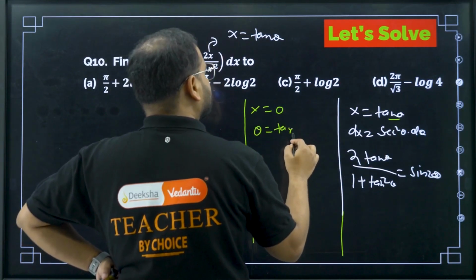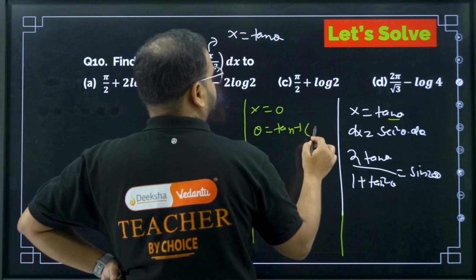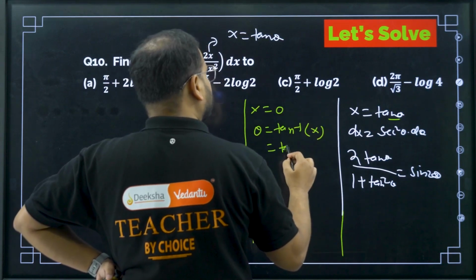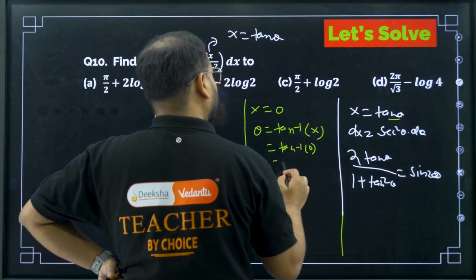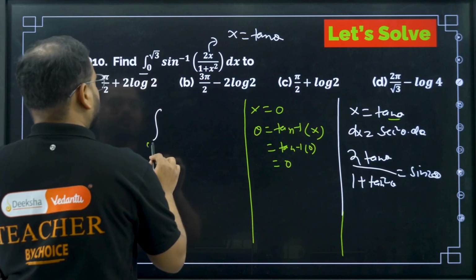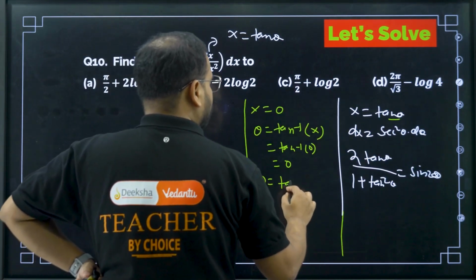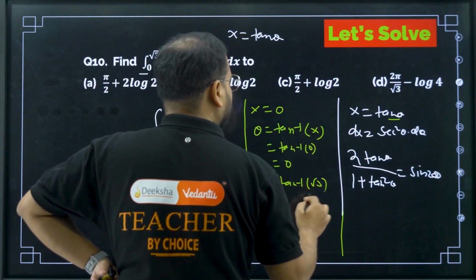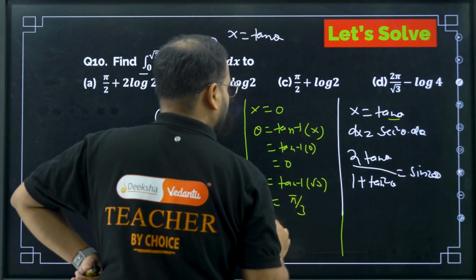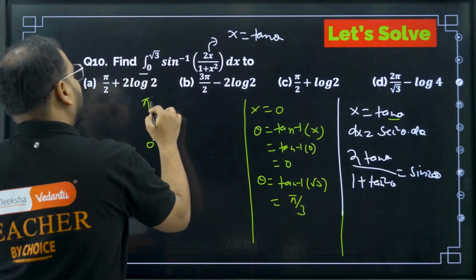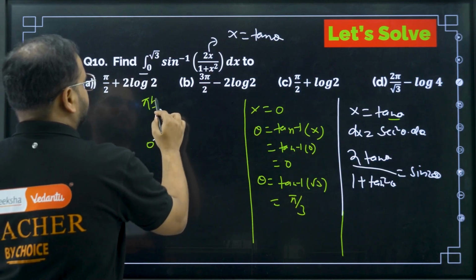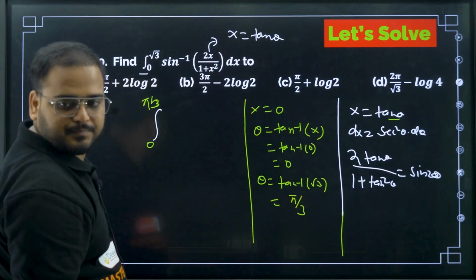Tan inverse of x. Tan inverse of 0 is 0. So when x is 0, theta is 0. When x is root 3, theta equals tan inverse of root 3. How much is that? Pi by 3. So write it here. Pi by 3. Visible?